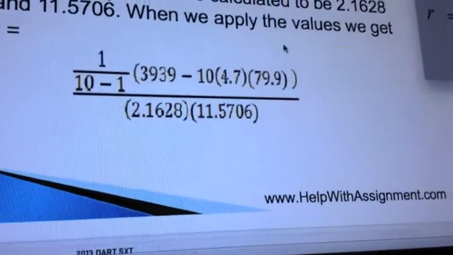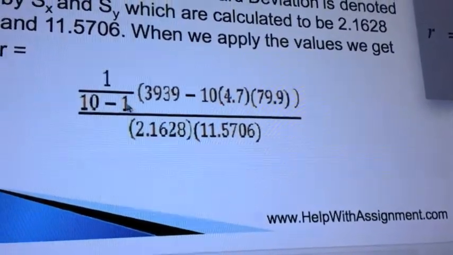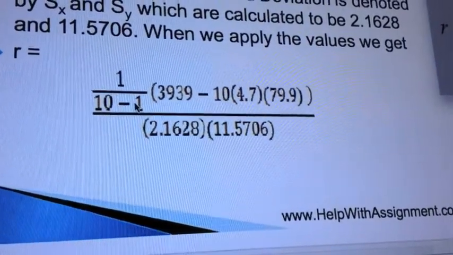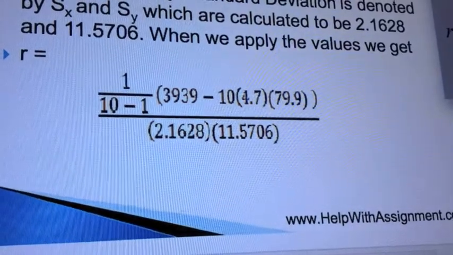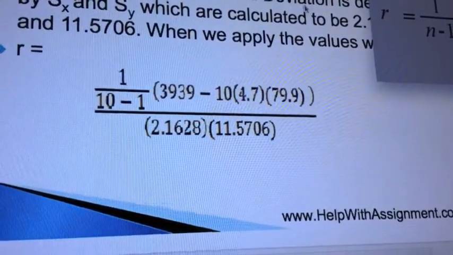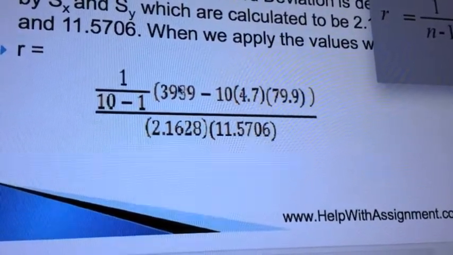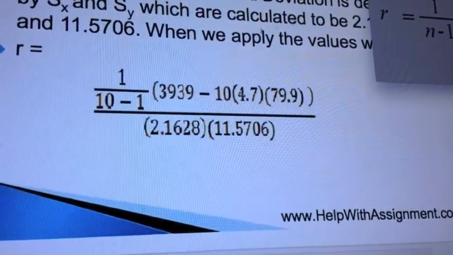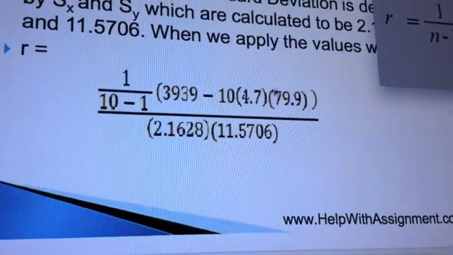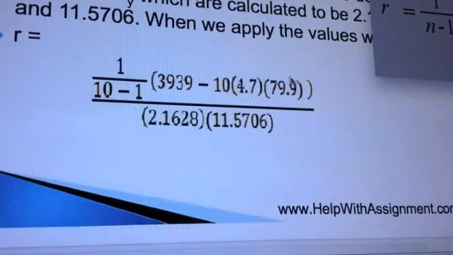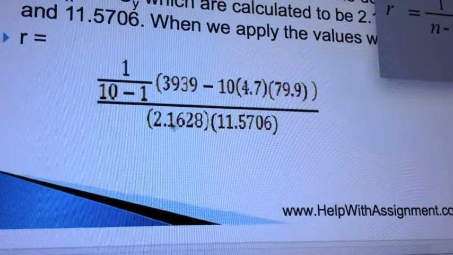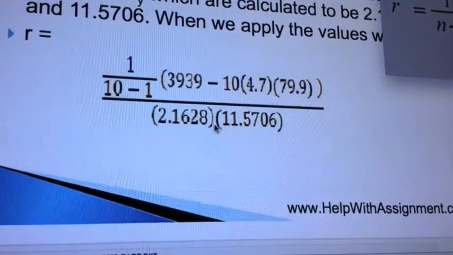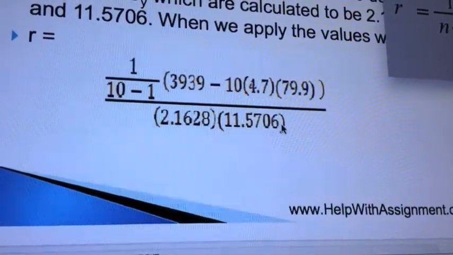Okay, so this is the part where they plug in the numbers. So right here is the total number of students, and you subtract 1. That was n right here. They found the sum of x and y, and right here they basically did x minus the mean, and then y minus the y mean, and then they found both the standard deviations of x and y, which are 2.1628 and 11.5706.